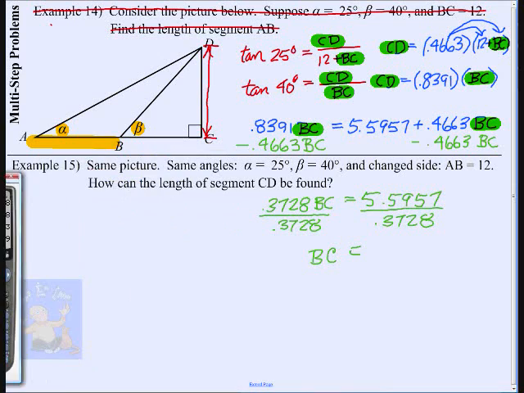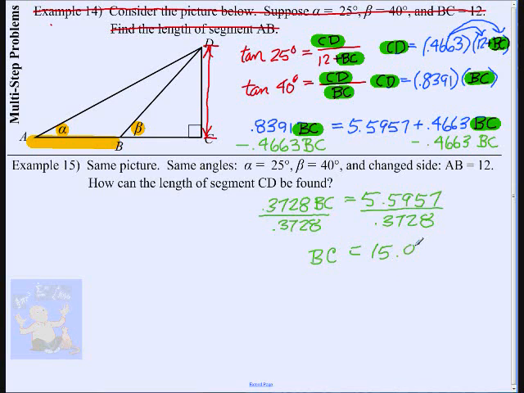That gives me about 15.01. So if BC is 15.01 and this is 12, then I know that AC is 27.01, right?